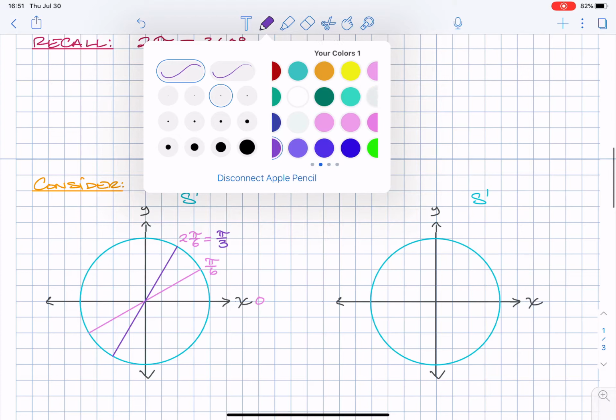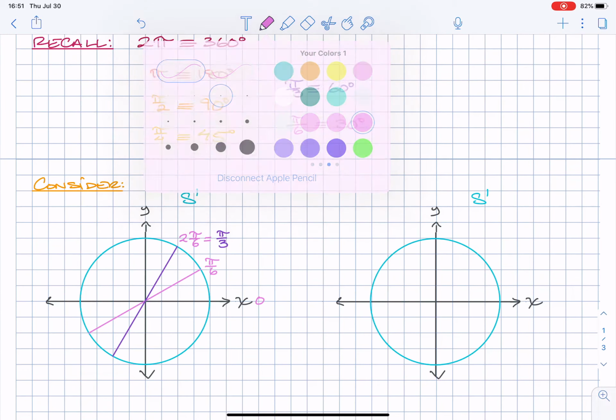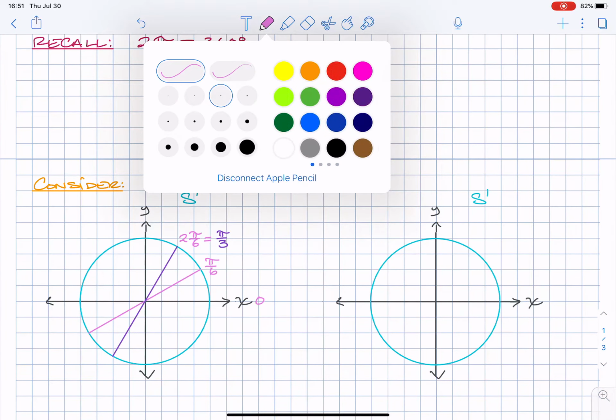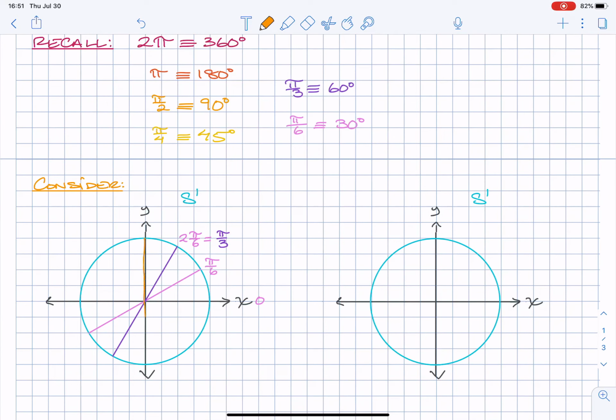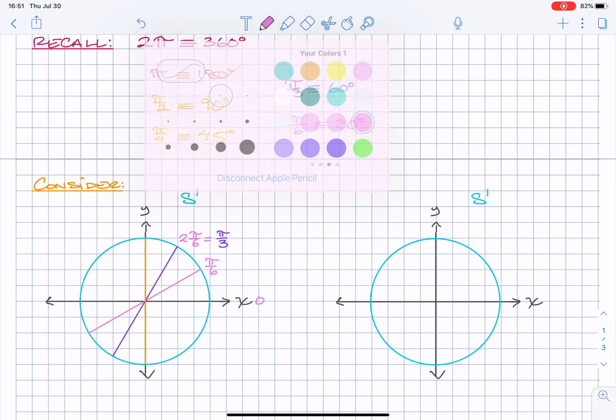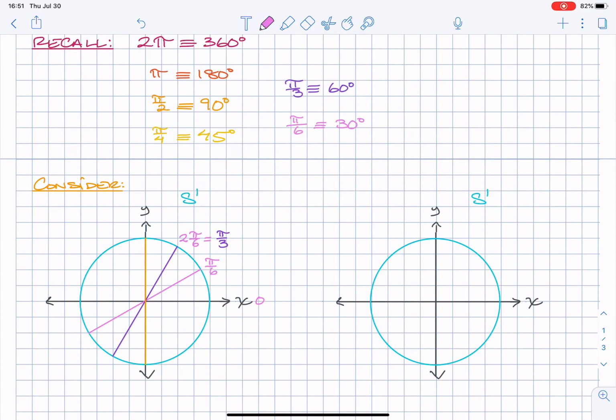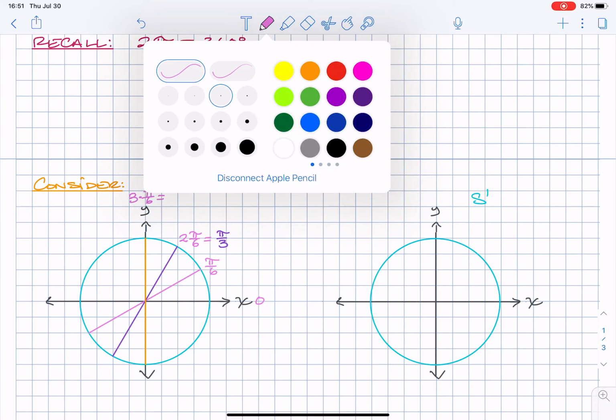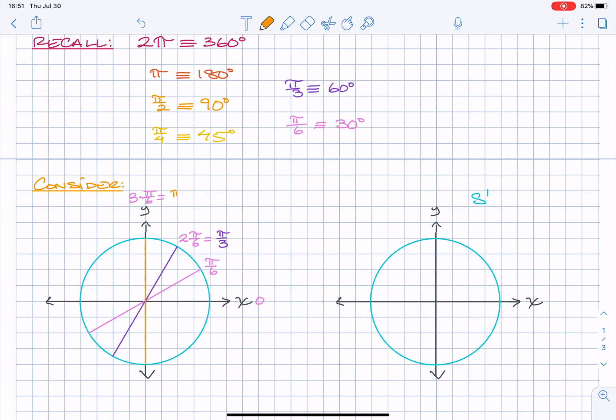Now let's go up here to, maybe I'll do this as orange. If I'm here, 3 times pi over 6. So that becomes, let me move this out of the way. That's just pi over 2, which I know is 90 degrees, so that makes sense.